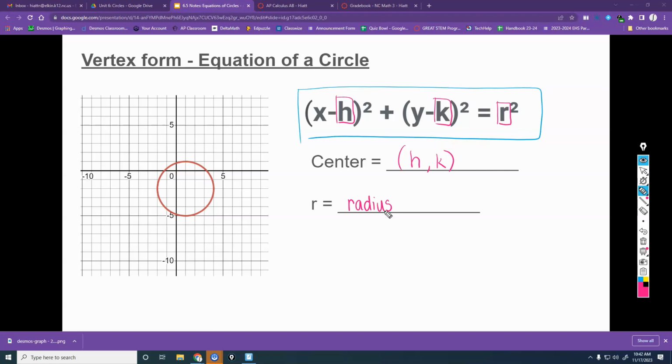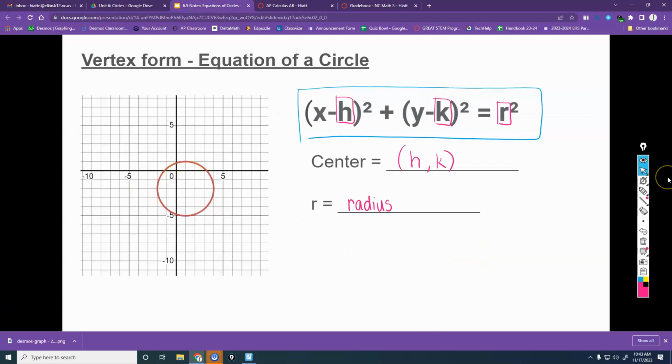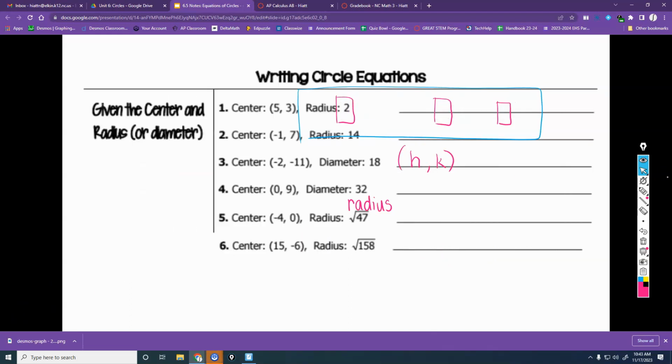Let's look at some examples. Actually, let's go back. Let's do the circle that's right here first, and then we'll look at some examples.